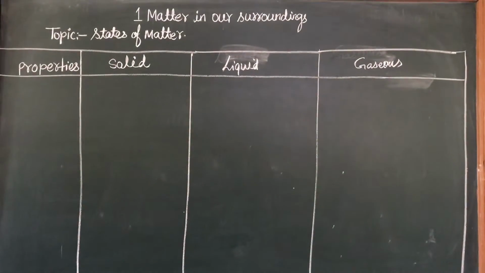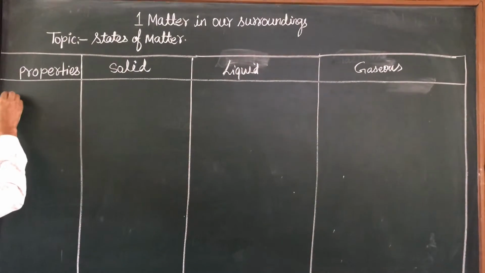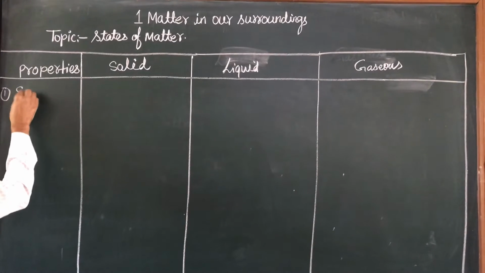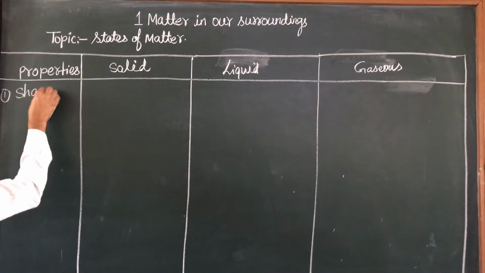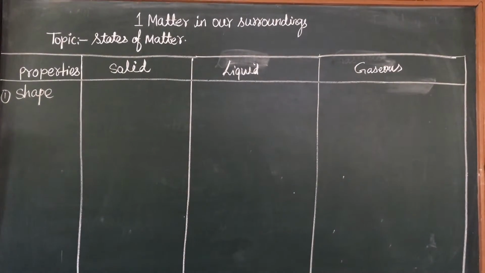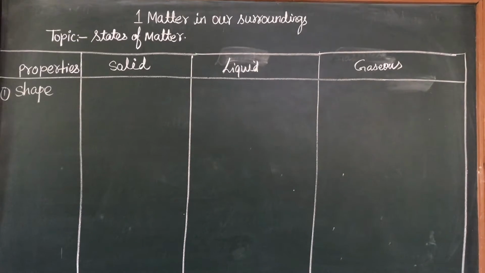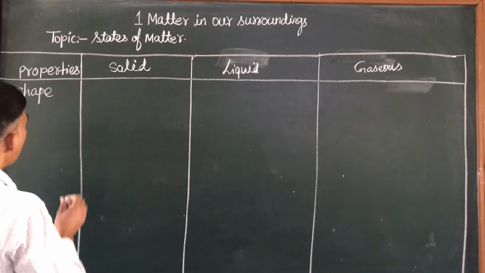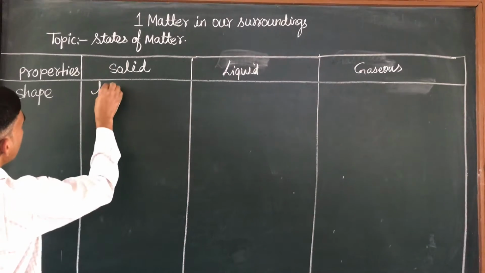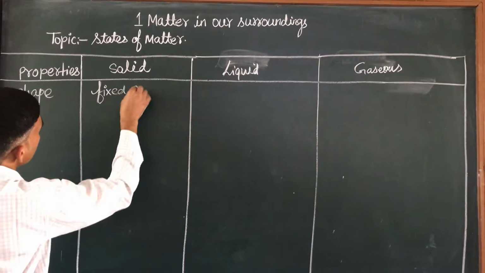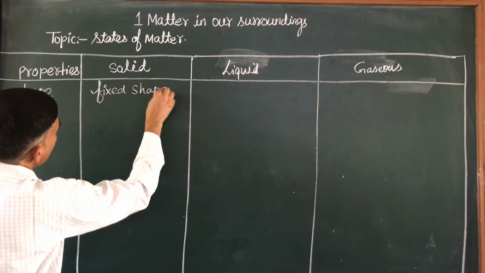First property is shape. Shape means they have a definite boundary. So solids have a fixed shape and distinct boundary.